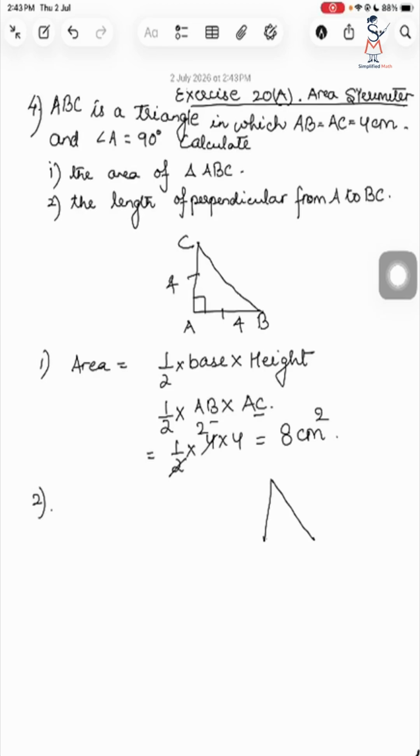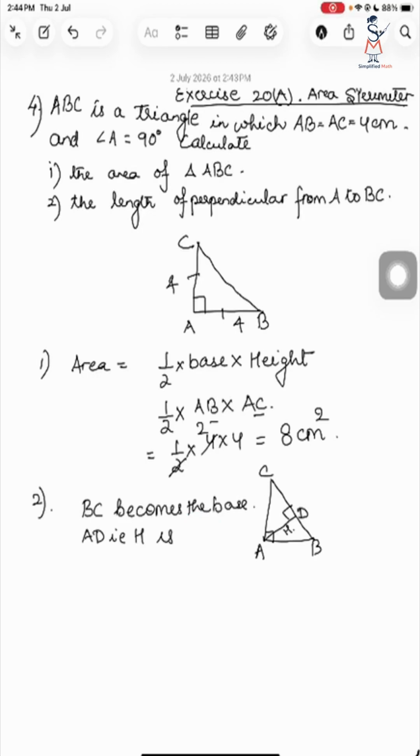So let's draw the figure again. This is A, this is B, this is C. From A to BC, we have drawn a perpendicular. Let this be H, and let it be D. In this case, BC becomes the base, and AD, that is H, is the height.